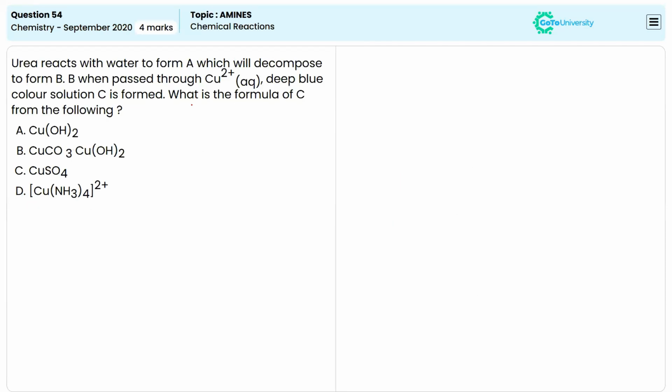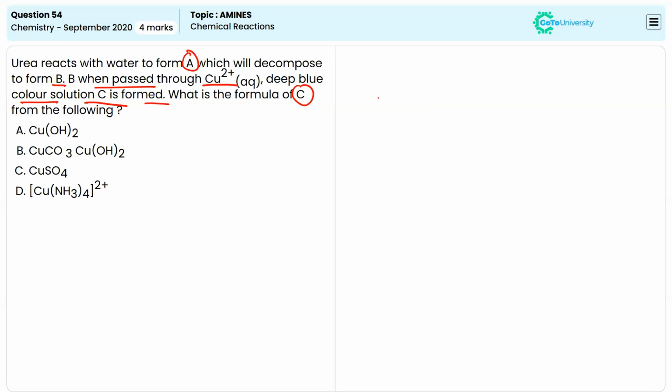Here, urea reacts with water to produce a compound A, which will decompose to produce B. Then B is passed through CO2 plus aqueous solution and a deep blue colored solution of C will be produced. What is the formula of C? So first we have to write the entire reaction. Then only we can see what is C here.